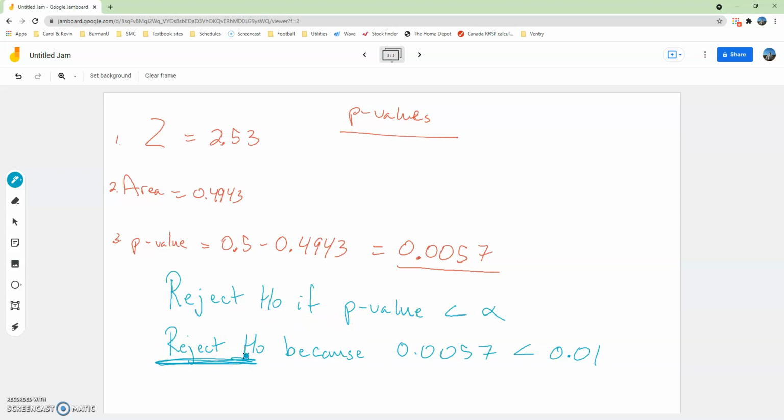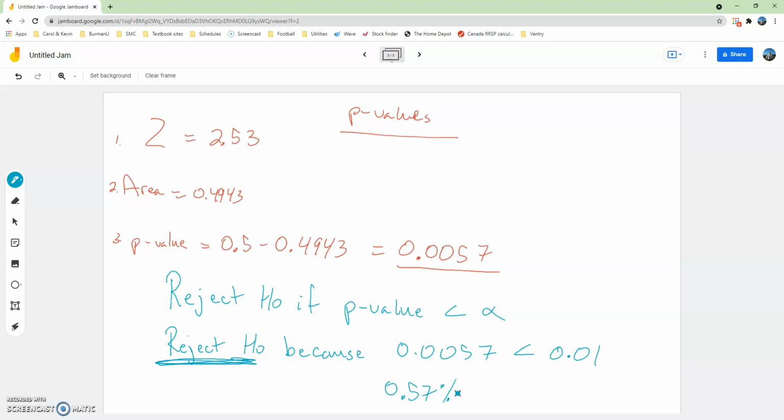Basically, the p-value tells us that there is a 0.57% probability of observing a difference between the sample data, which is correct, versus the population claim. The population claim is just a number that someone believes in.